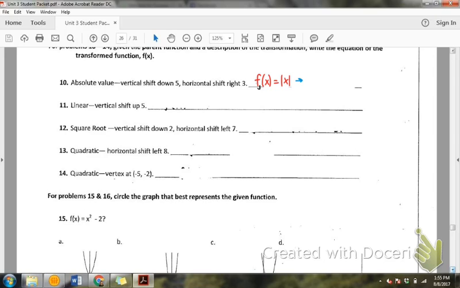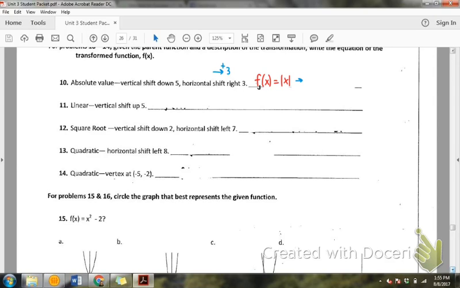Okay, before we shout answers out, let's think about our answers. Inside the parentheses or inside the brackets is the horizontal shift. That's the H value, goes inside. So if it says it has a horizontal shift to the right 3, that seems like positive 3, right? But when I put it in my graph, it actually needs to be negative.